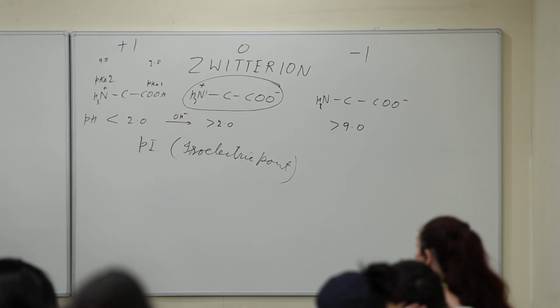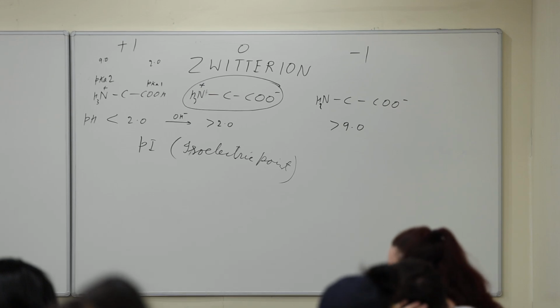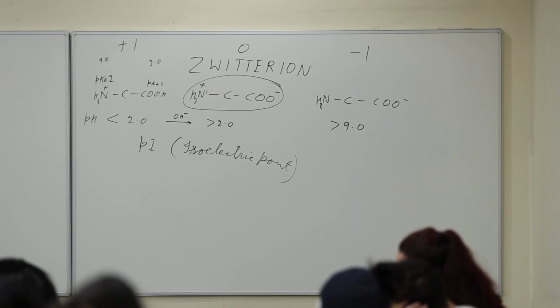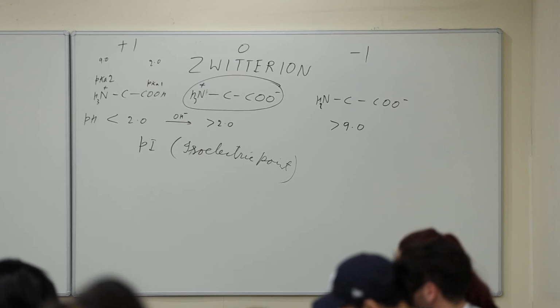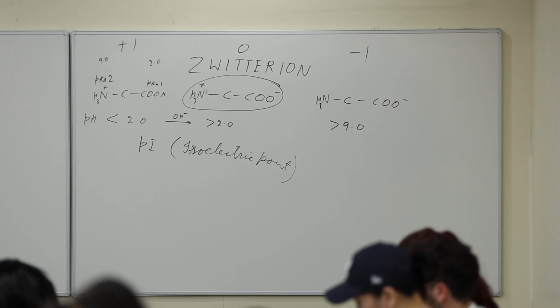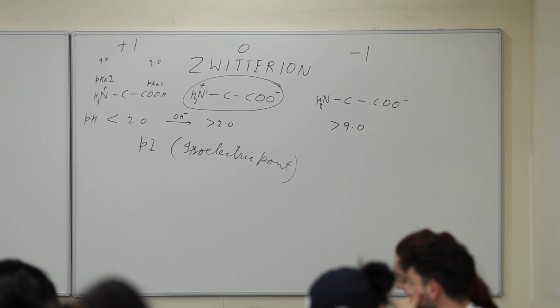So isoelectric point is the pH at which all molecules will have an equal number of plus and minus charges, and so it doesn't move in either direction in an electrical field. So this is a characteristic of amino acids, just like melting point, boiling point, these are characteristic of any molecule. So PI is a characteristic of any amino acid. So you can have a table of PI values somewhere in the book if you look for it.